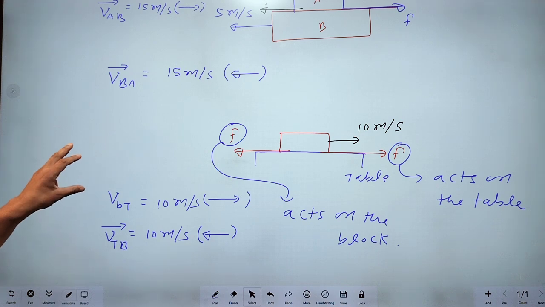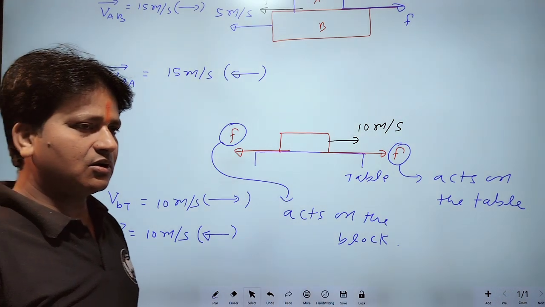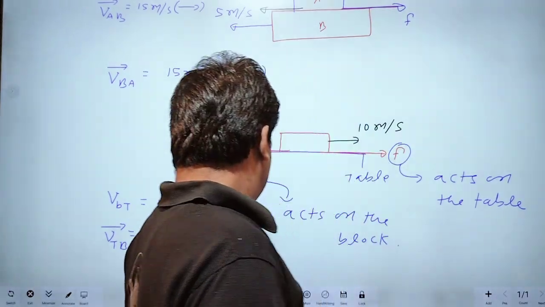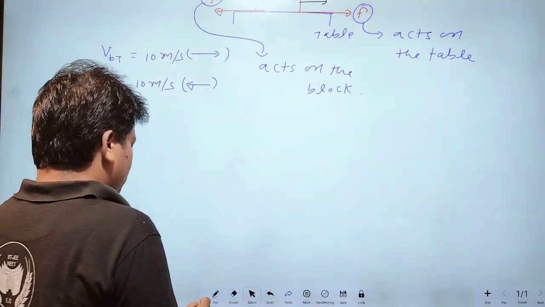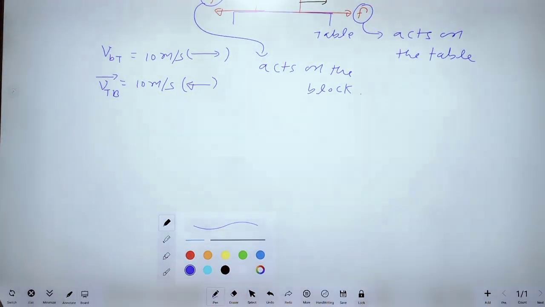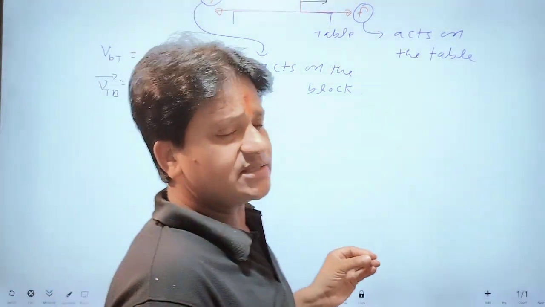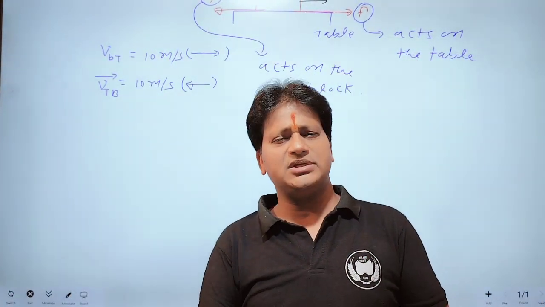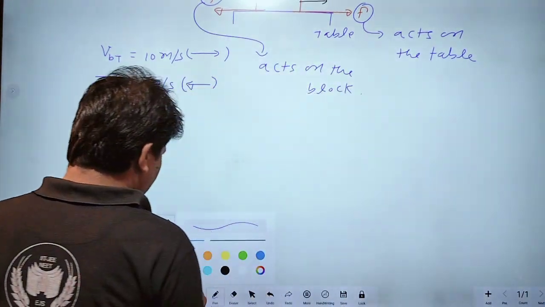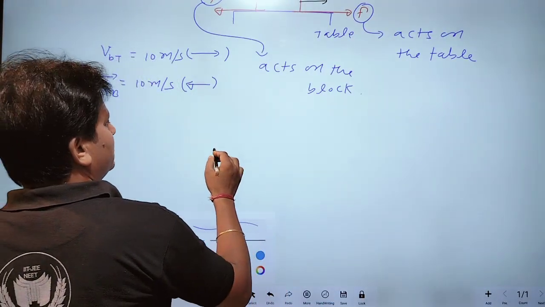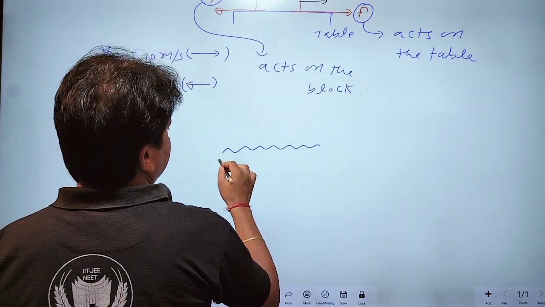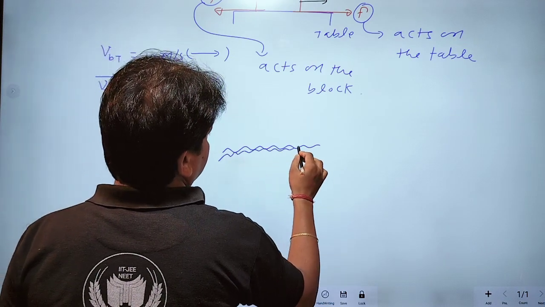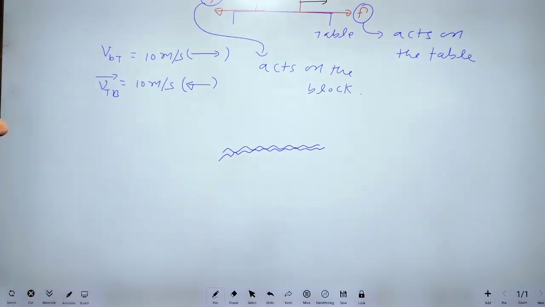Next, I am going to discuss causes of friction. What are the causes of friction? Friction arises due to interlocking of irregularities between the surfaces of contact. Let us consider one surface is in contact with another surface.